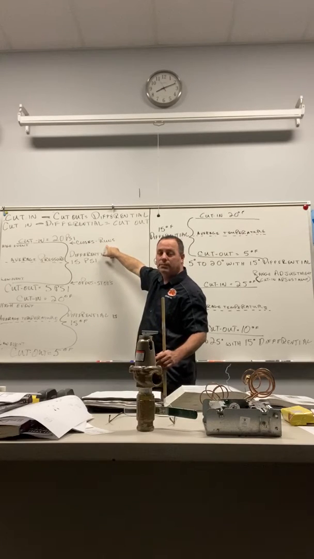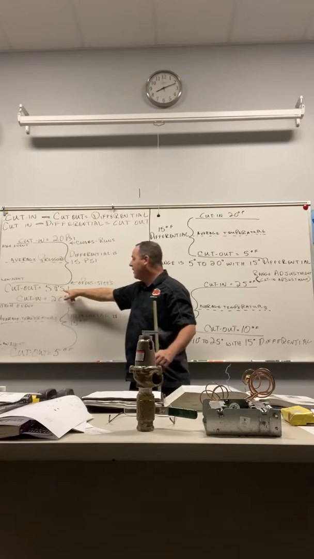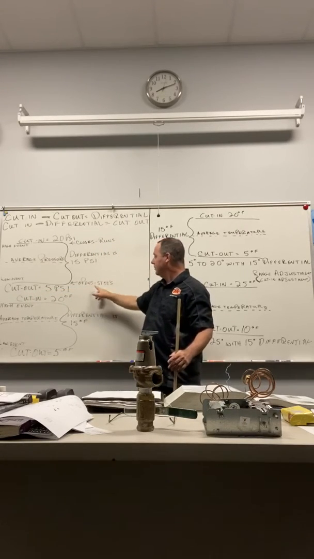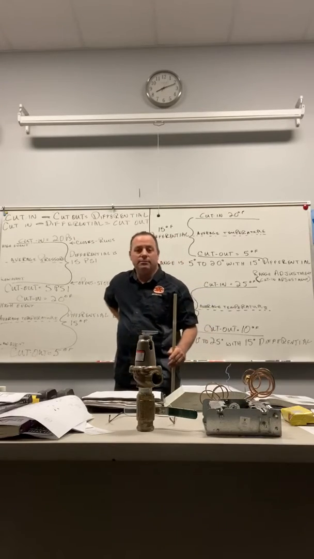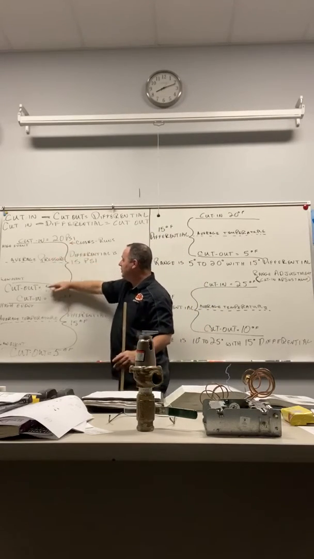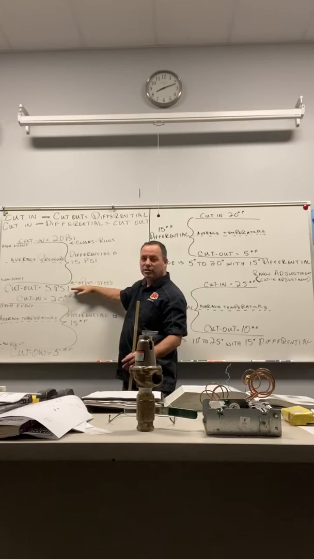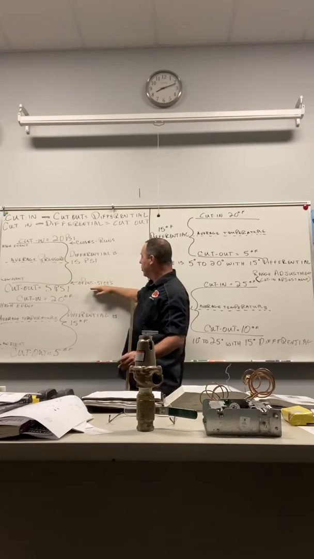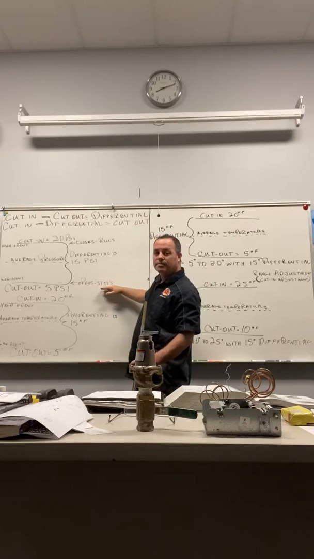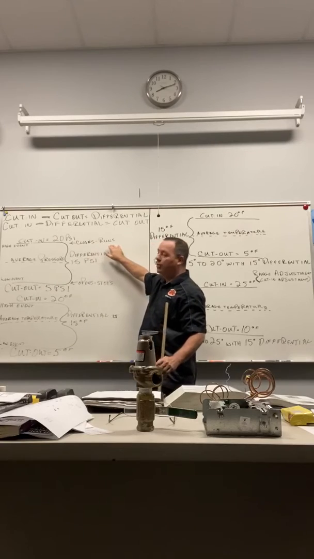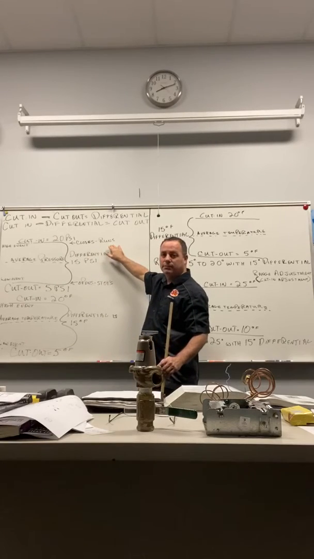Cut out, 5 PSI, means the circuit opens and stops running. And the 15 between them is the differential. So the cut out is when it cuts out, opens and stops. You can write that in your notes. And cut in is when it closes and starts running again.